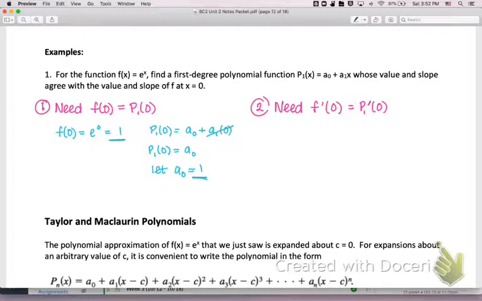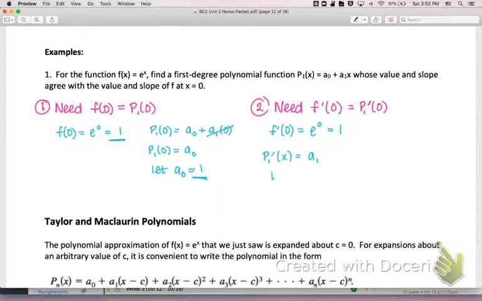So the way we're going to do that, we know what f is, so let's look at f prime of 0. Well, the derivative of e to the x is still going to be e to the x, so this is going to be e to the 0, which is also 1. And now if we take the derivative p1 prime of x, no matter what x is, remember a sub 0 is a constant, and then we have a sub 1 x, so the derivative is just going to be a sub 1.